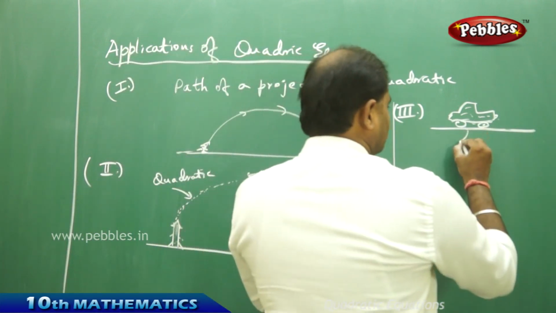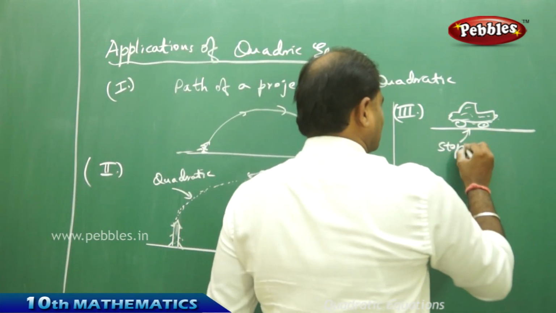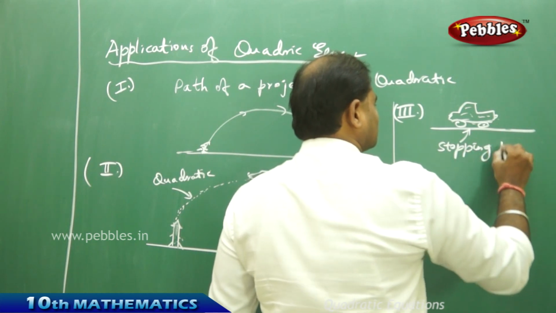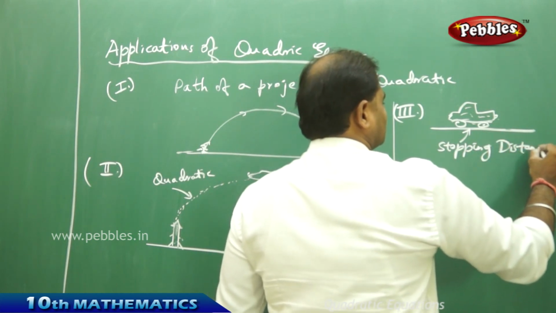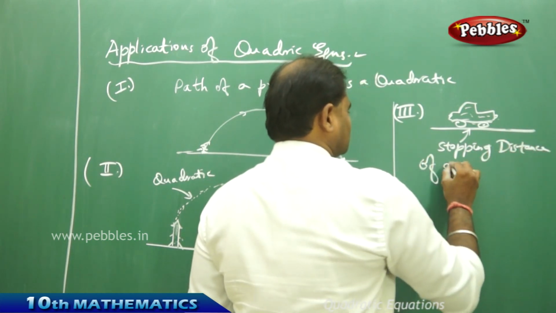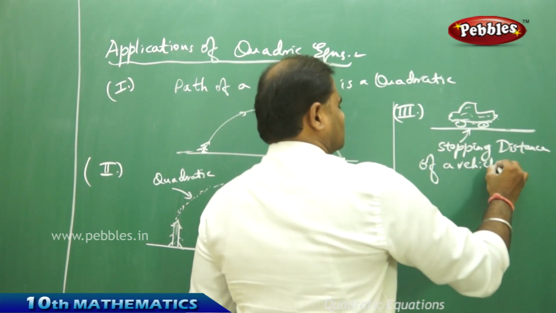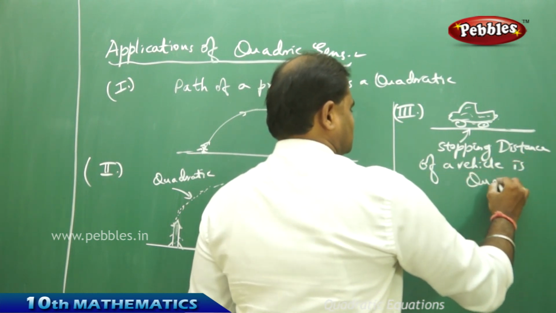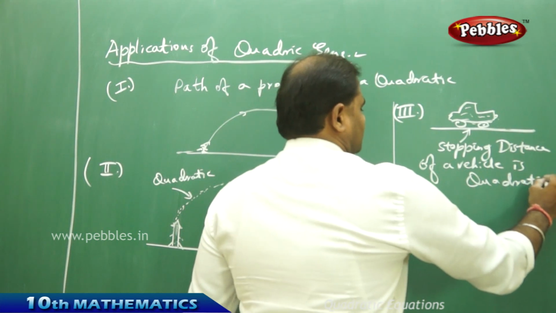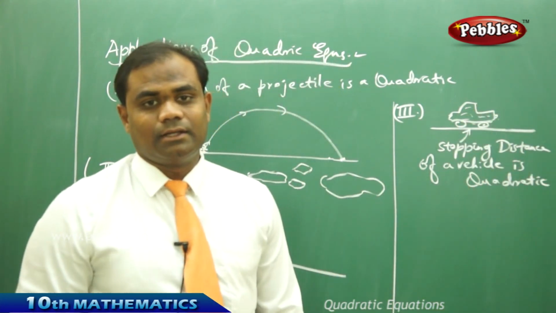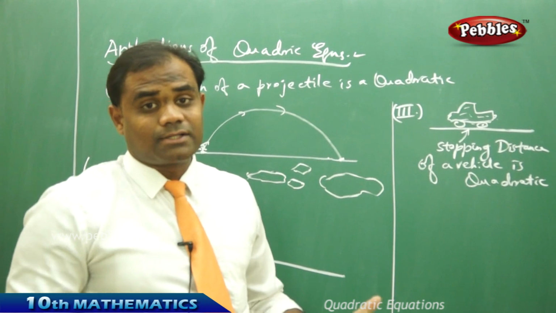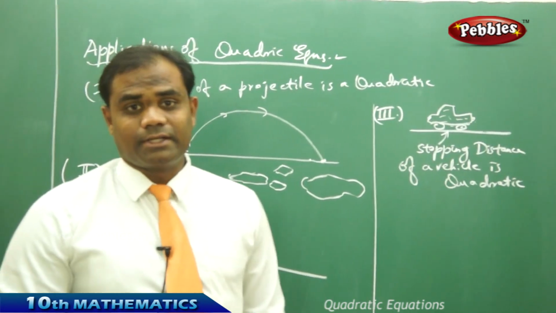The stopping distance of a vehicle is also represented by a quadratic. This is how we understand the various applications of quadratics in real life.